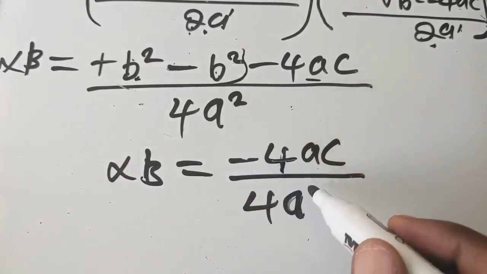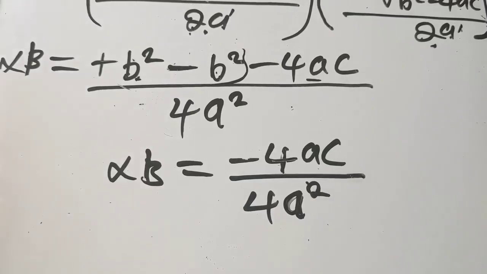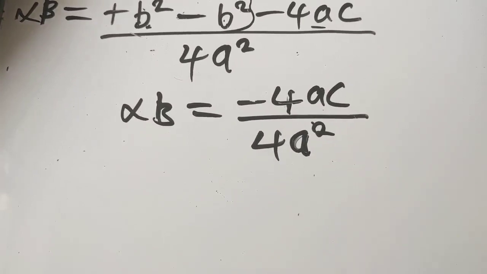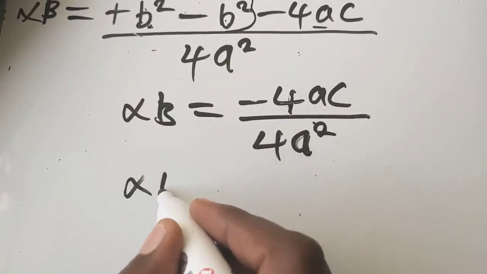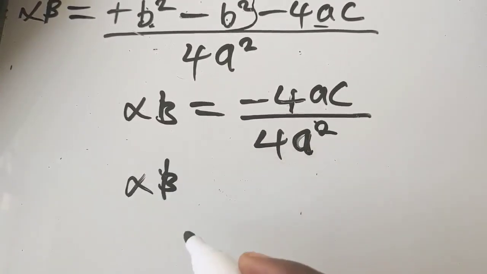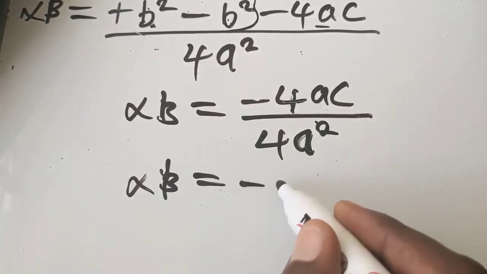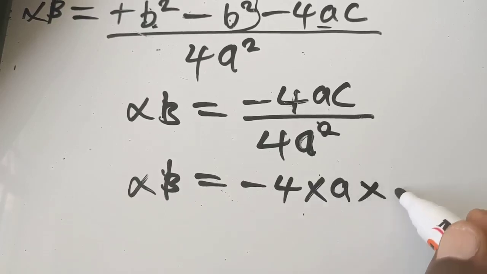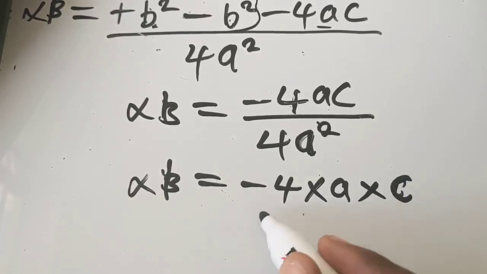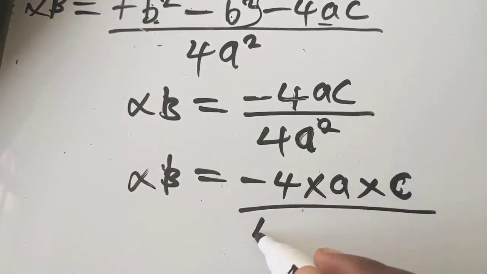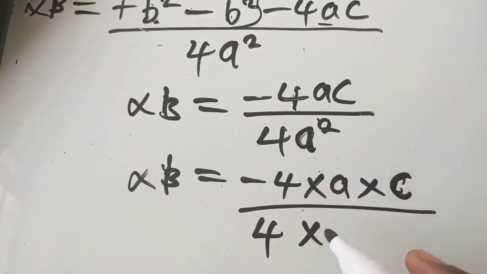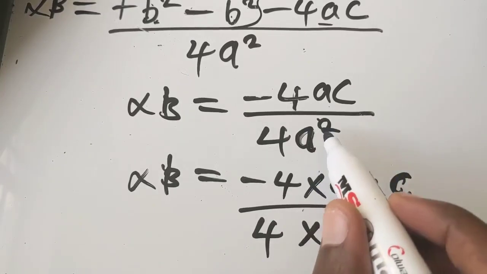This is 4a to the power 2. So this is just the same as writing alpha beta is equal to negative 4 times a times c over 4 times a squared. The square of a is just a times a, meaning there are two a's here.